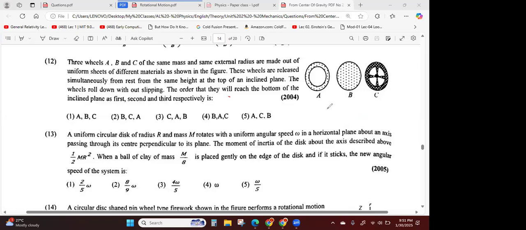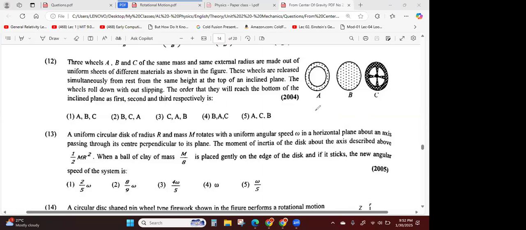We know that the greater the I, the greater the inertia, the greater the time. We did this in the last class, isn't it? So we compare the inertia of these wheels.